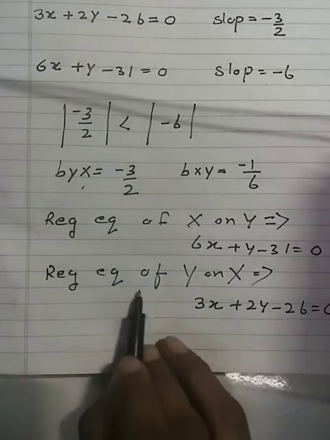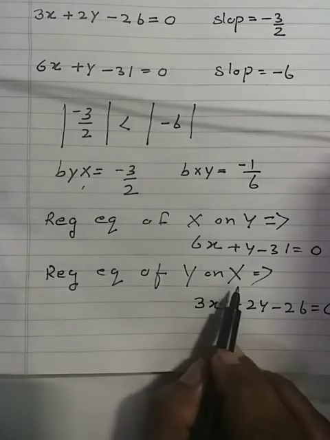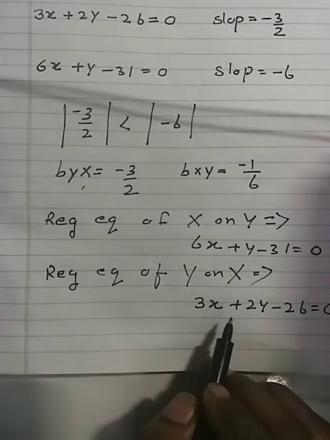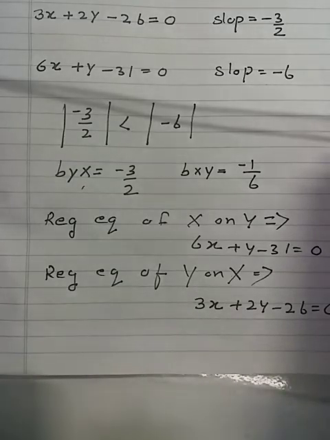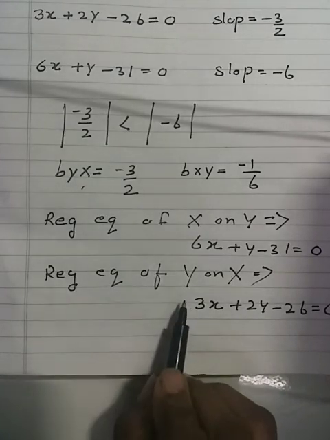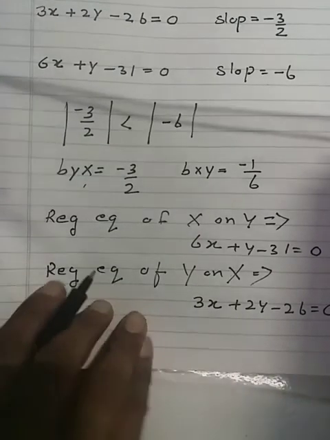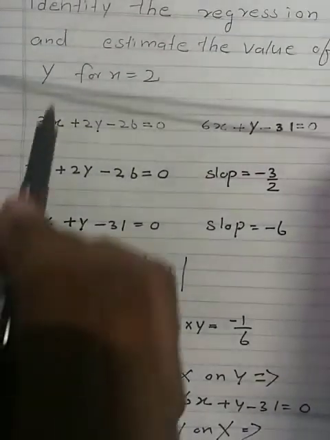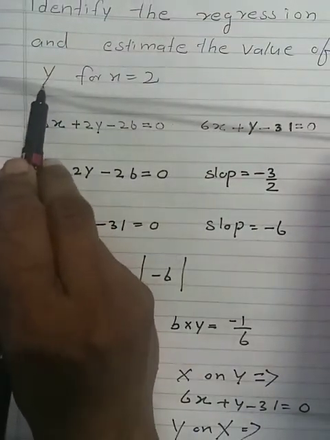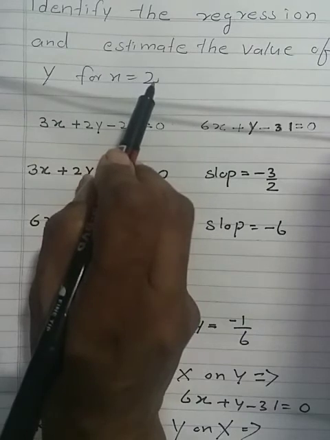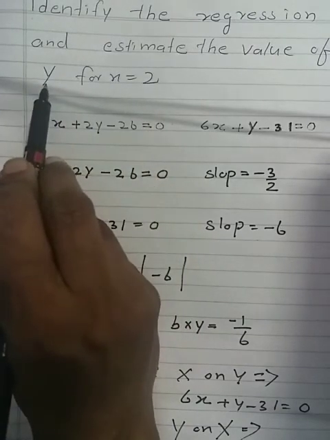The regression equation of y on x is used to calculate the unknown value of y for a known value of x. So here the question is to estimate the value of y for x equal to 2. So for estimation of the value of y, we are using the regression equation of y on x.